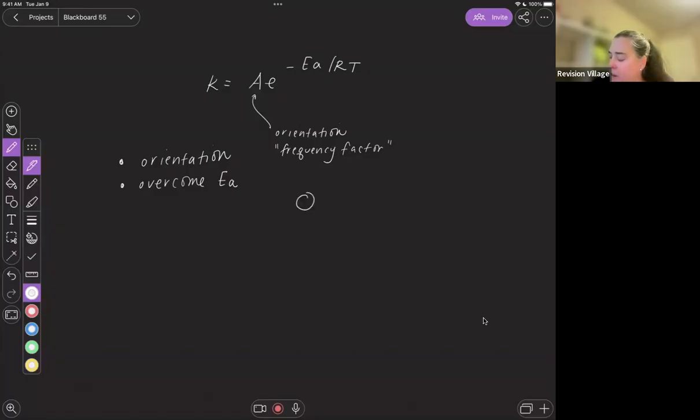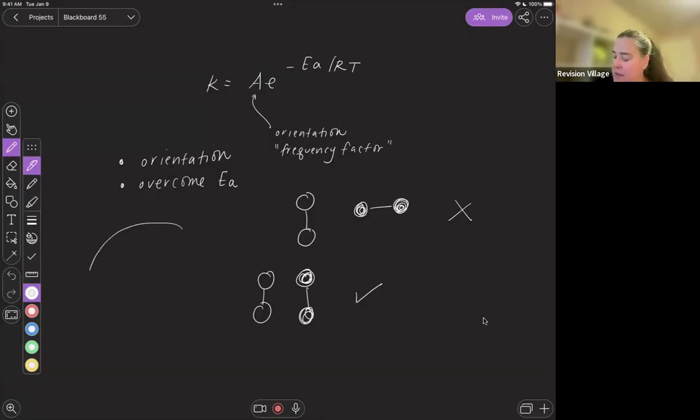So if I have H2 and I2, and they collide like that, that's not the right way. If I have H2 and I2 and they collide like this, that's going to work. Those are two really simple molecules, so the chances of them colliding right is probably pretty big.